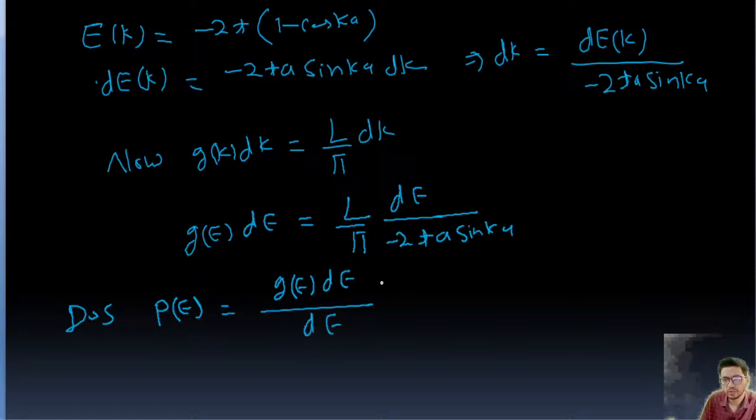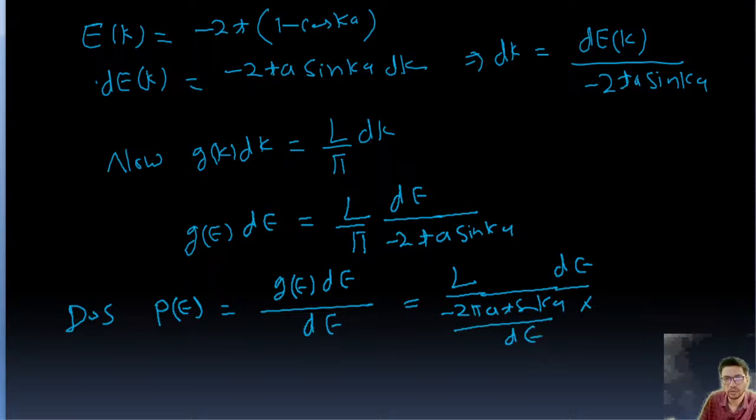So this value is GD, this value L upon pi, L upon minus 2 pi a t sine Ka dE into upon d, means upon d, right? Upon d, d will get cancelled.